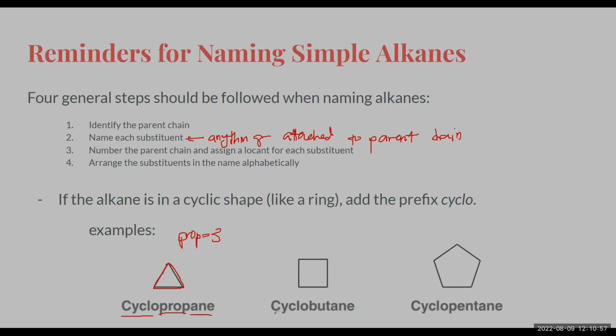The next one is pretty similar. If you remember from the previous slide, but means 4. Ane means we have an alkane, and cyclo means that the carbons in the butane form a cyclic ring. So you can see 1, 2, 3, 4, and then they all just joined together.